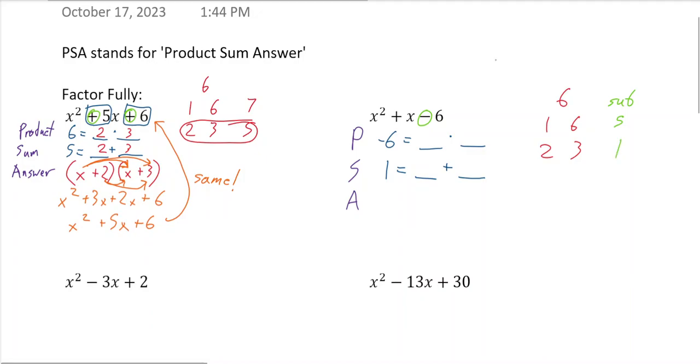So it has to be 2 and 3. Which one's going to be negative though? One of them has to be negative. This one here has to be negative. How do you know that? Because this is positive, telling you that that has to be the negative one, and the bigger number has to be positive. Okay, so x minus 2 and x plus 3.